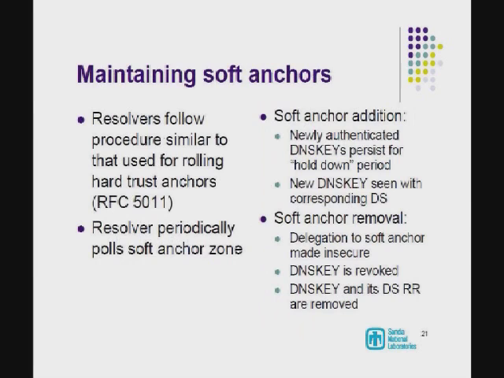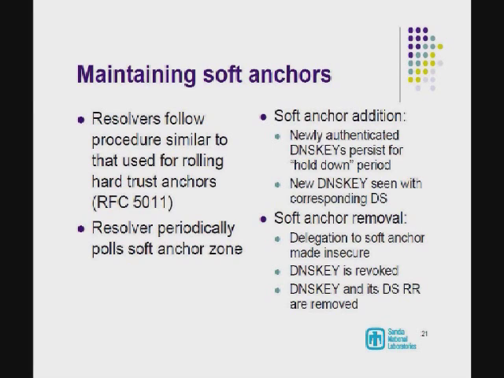So some of the logistics for this: it follows RFC 5011 in a lot of ways, but the difference is that you really have to assume that the zones for which you're maintaining keys are not following RFC 5011, because RFC 5011 was designed for people that are explicitly following trust anchors and watching their rollovers, and most zones don't have that need because they're not the root, and so people don't necessarily need to be anchoring at places below the root.